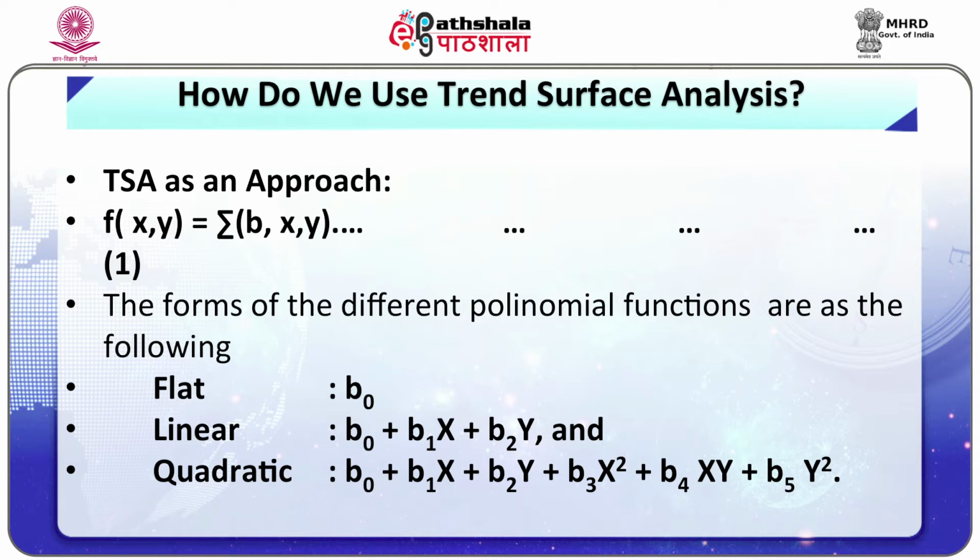Flat stands for B0; linear, that is B0 plus B1x plus B2y; quadratic, that is B0 plus B1x plus B2y plus B3 x square plus B4 xy plus B5 y square.